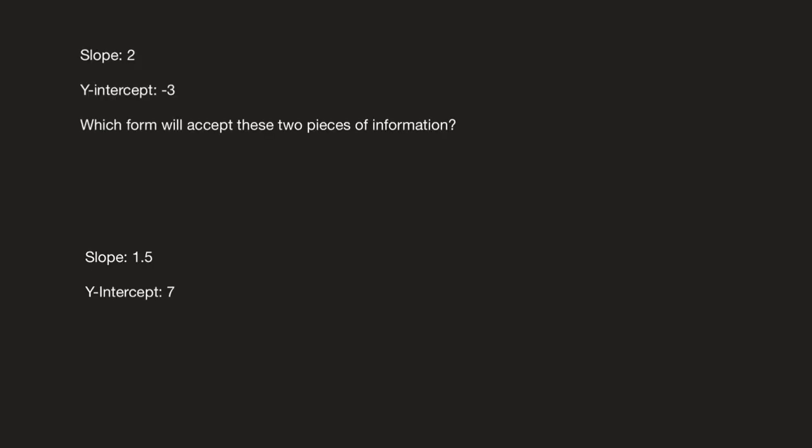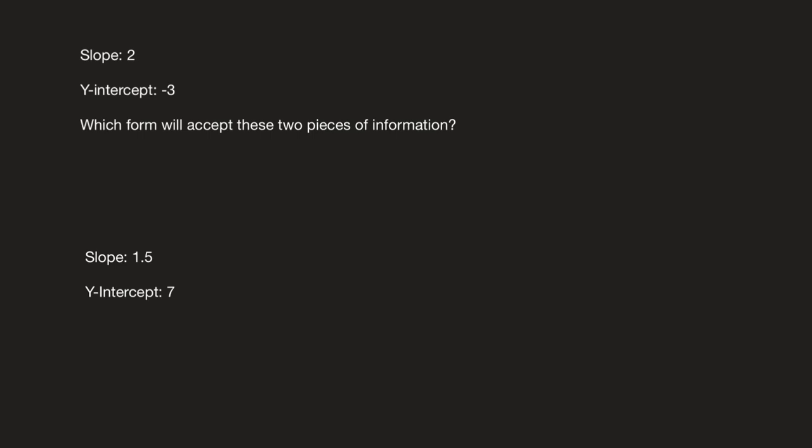All right, so let's see what we got here. Let's say, and this is kind of what you're going to see today on the assignment, that you are given a slope of 2 and a y-intercept of -3. Okay? You're presented with this information, therefore, hopefully you're going to ask yourself, which form will accept these two pieces of information?